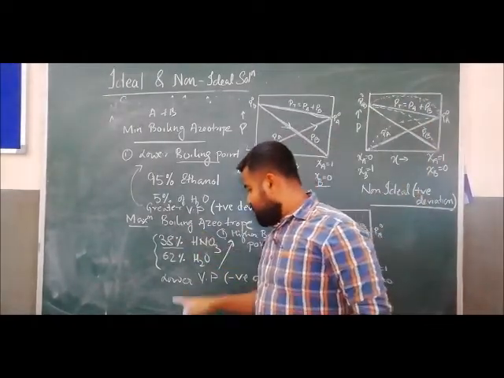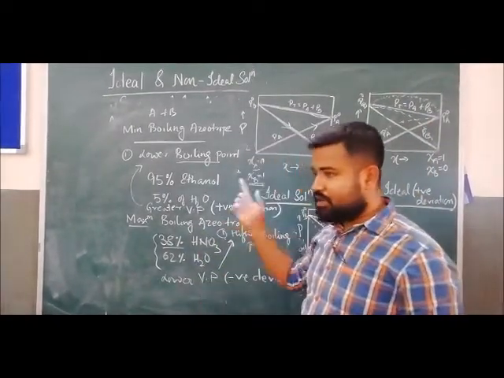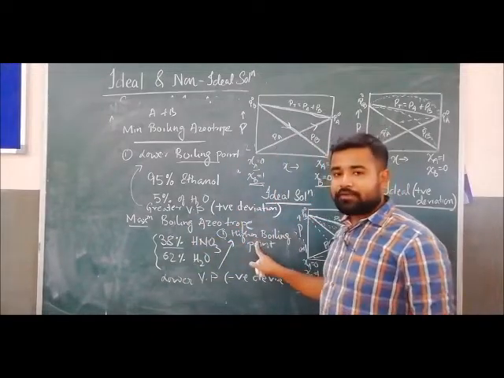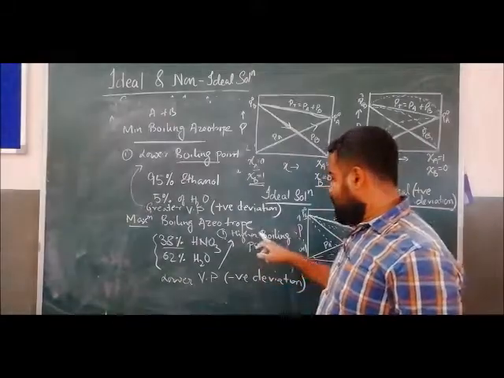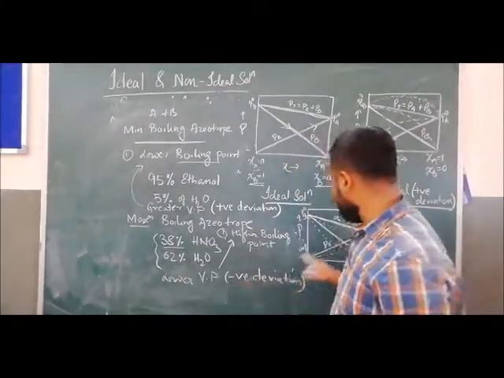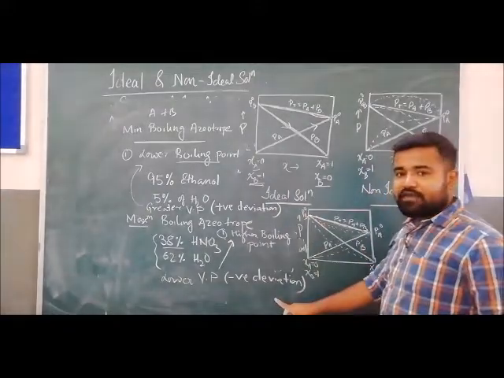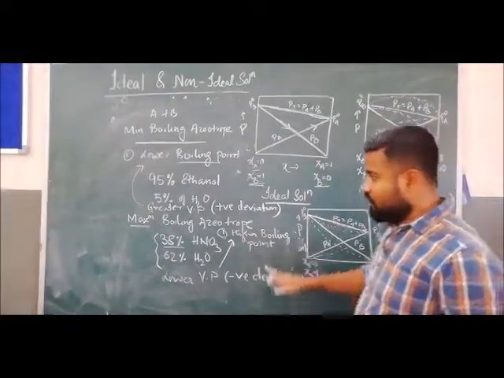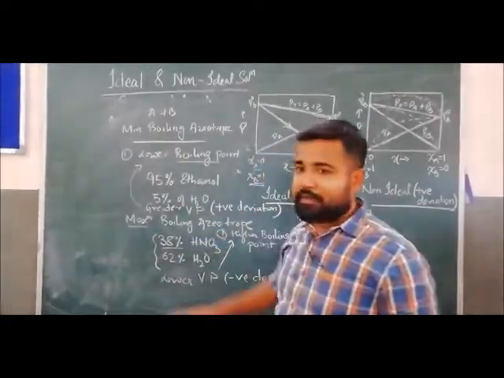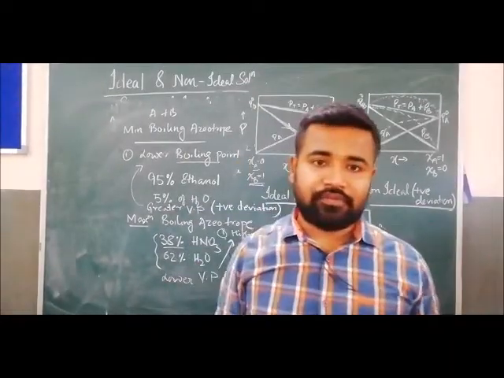Similarly, when there is lower vapor pressure, it attains the boiling point at higher temperature. Lower vapor pressure means what? Negative deviation. So these are the two explanations of minimum boiling azeotrope and maximum boiling azeotrope.